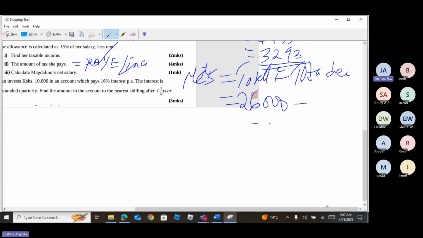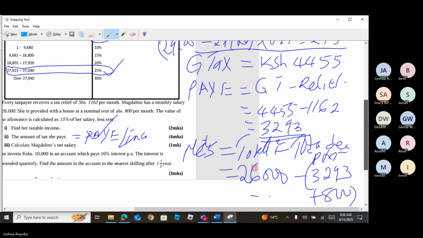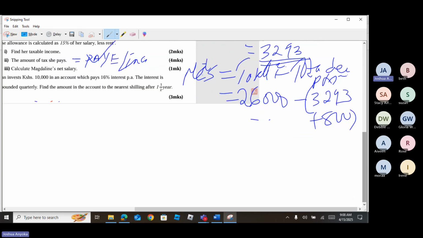Minus total deductions. The first deduction is 3,293, the PAYE. Another deduction is 800, which is the nominal rent. That one is a deduction. We don't have another deduction in this question, but in some questions there will be a communication of what is deducted.